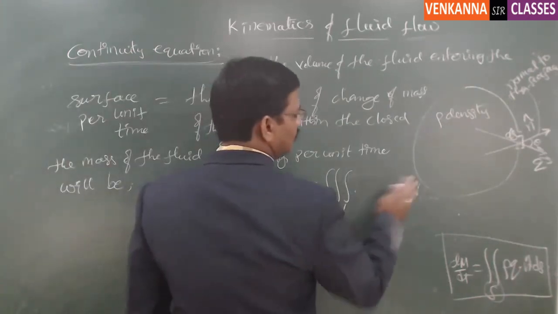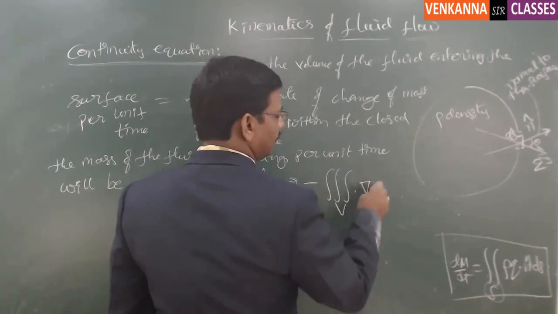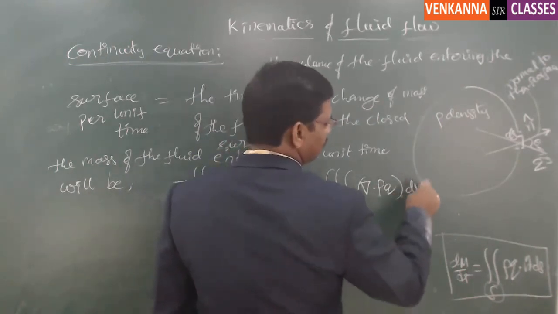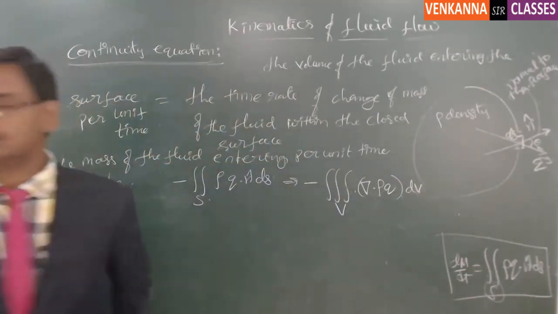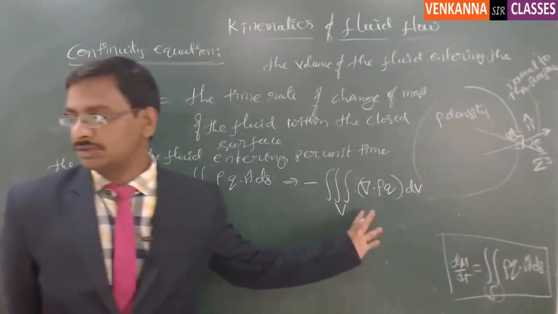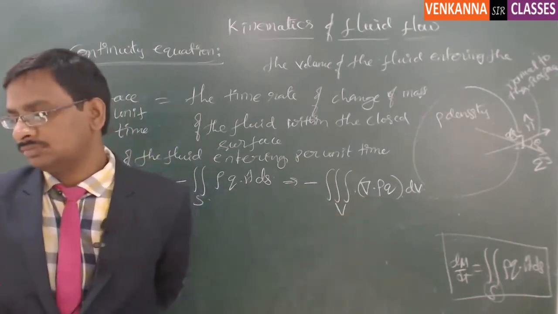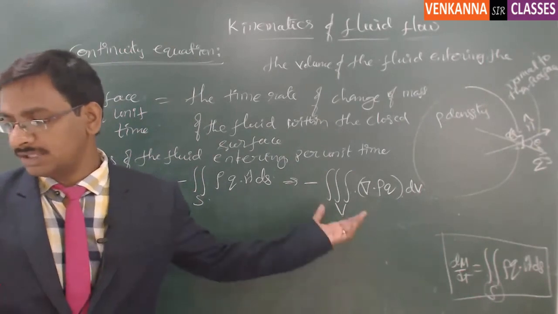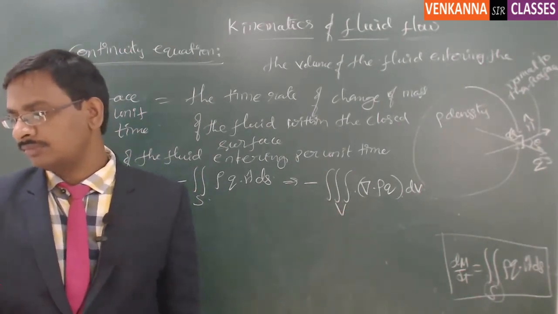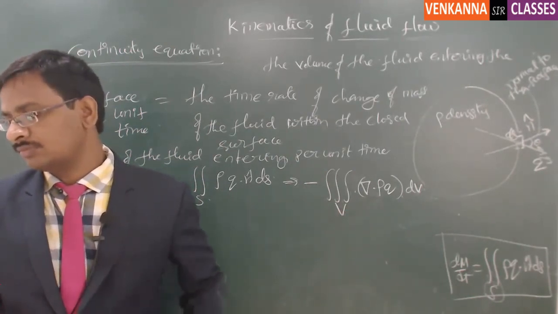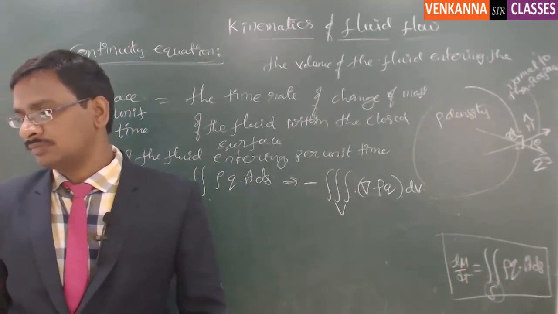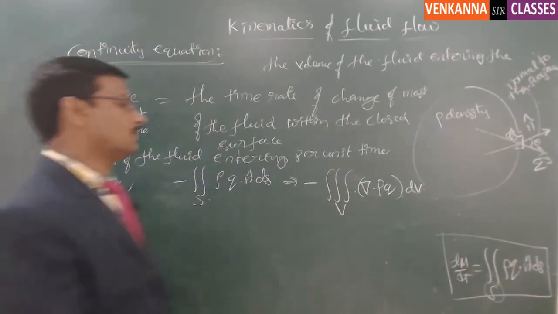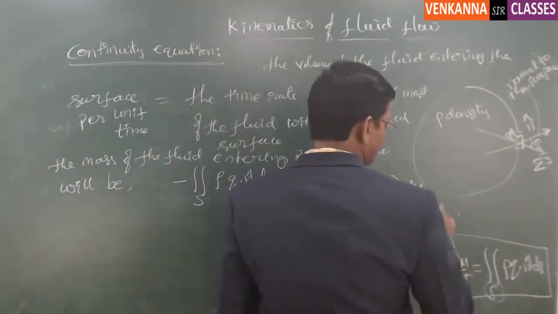You keep this rho also inside, so that you can even analyze changing density fluids also. Is this understood? What is the principle behind this equation? This is the Gauss divergence theorem.